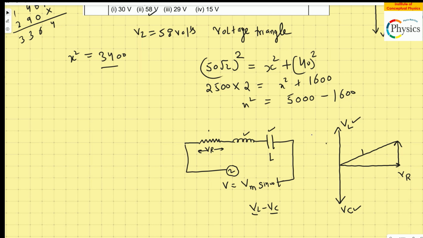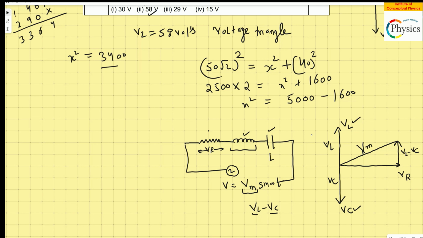This particular voltage is the maximum voltage in the signal, Vm, which we took as 50 root 2. The voltage across the inductor is VL, the voltage across the capacitor is VC, and the difference of the two is shown like this.